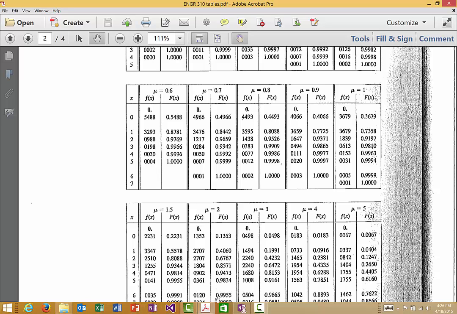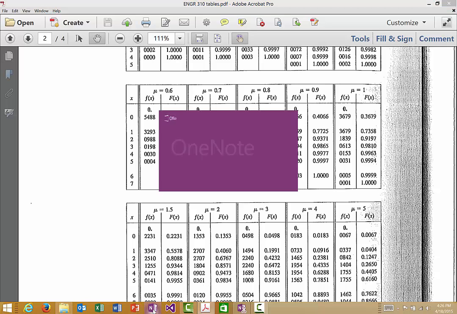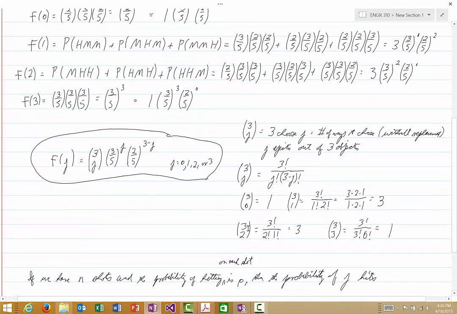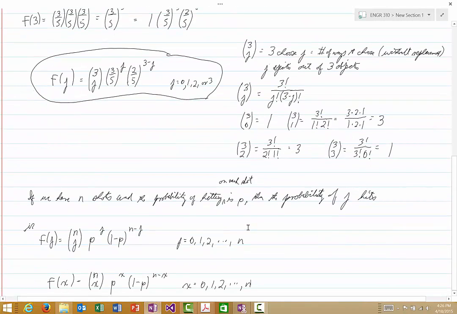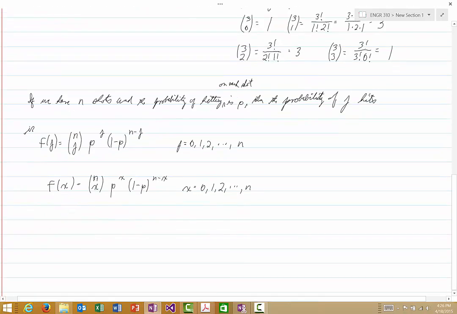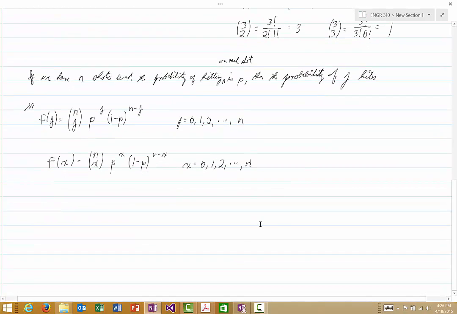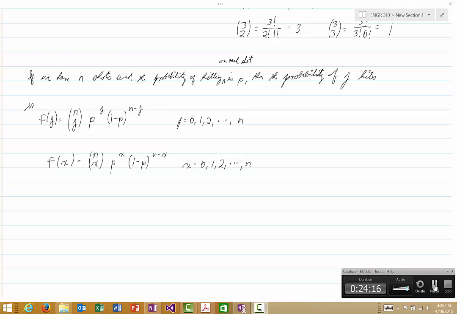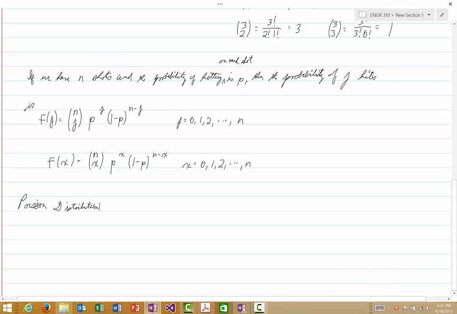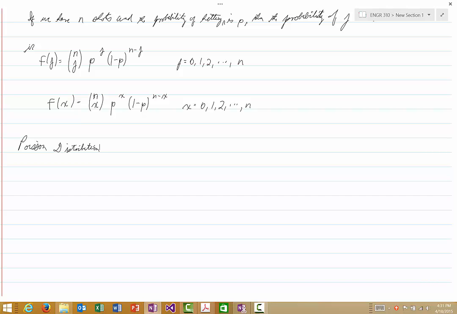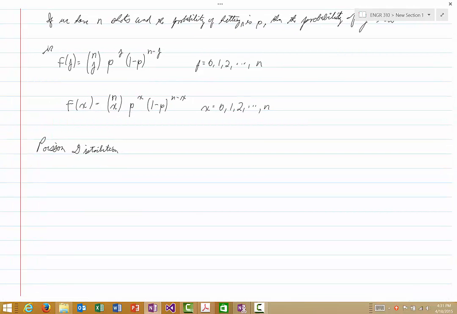Okay, so now let's go back to lecture 14, and now that we've discussed the binomial distribution, let's next look at an example of the Poisson distribution. A good example of the Poisson distribution, which also gives us more insight into the binomial distribution, is problem 24.7.6.